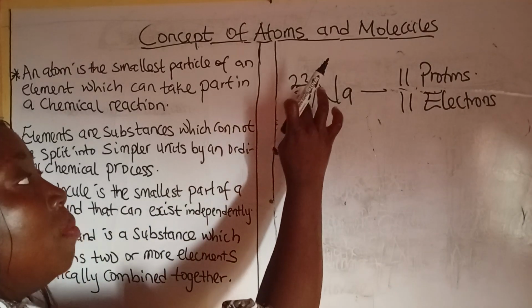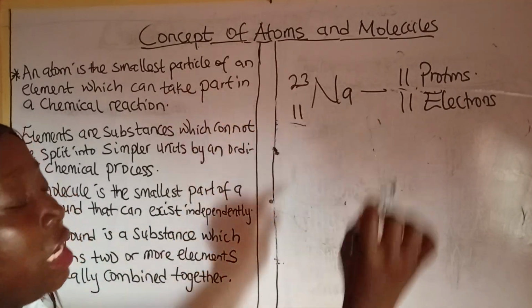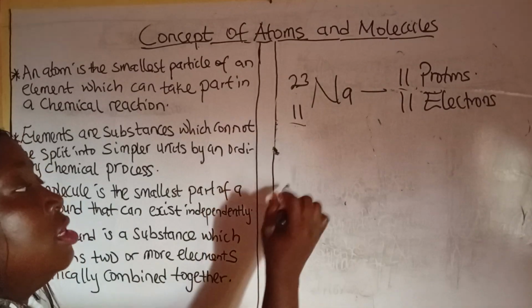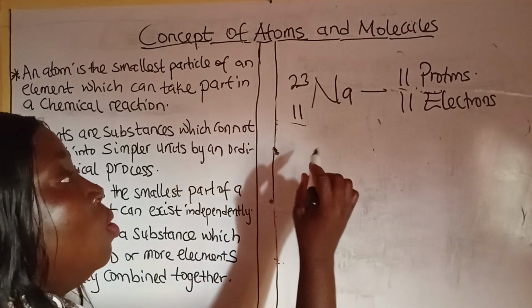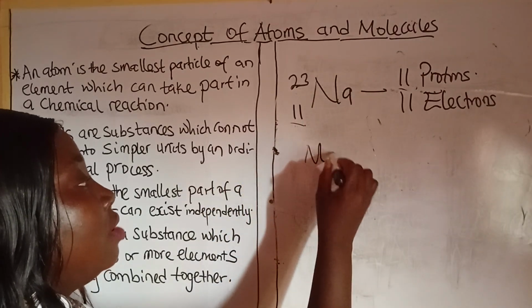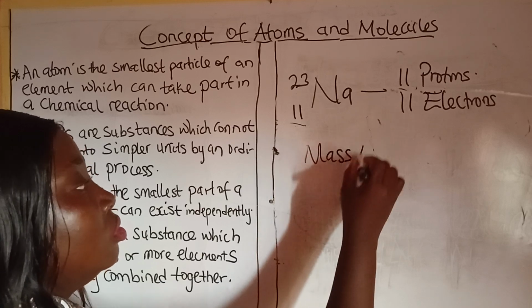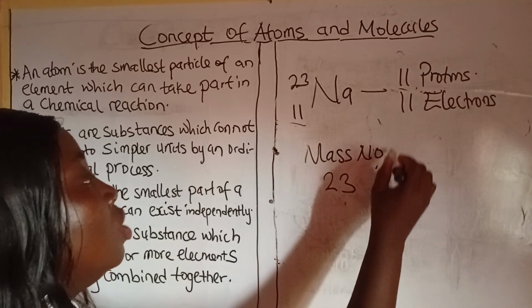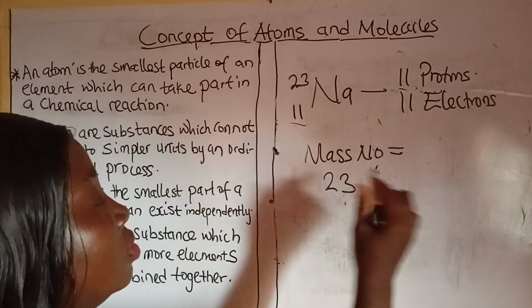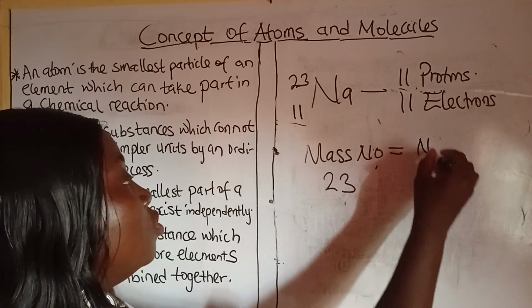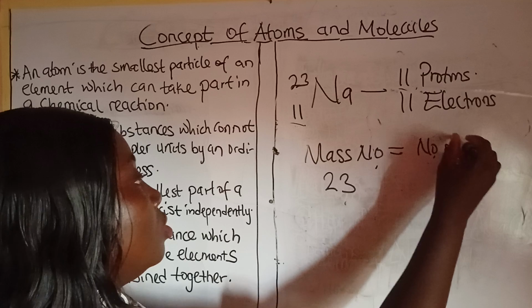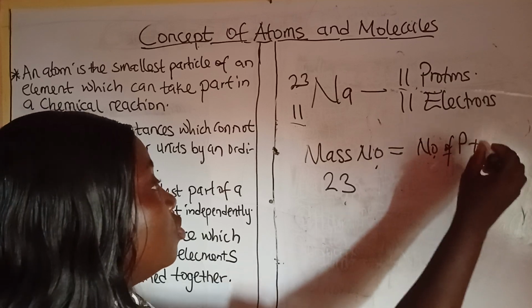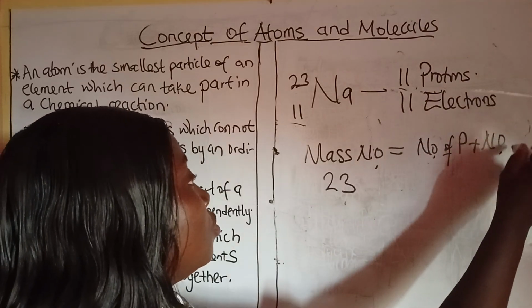Now, for the mass number of sodium to be 23, it means that mass number is 23, which is the number of protons plus the number of neutrons.